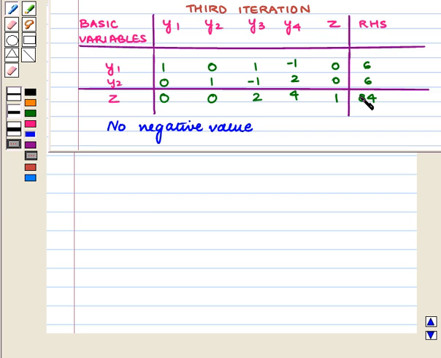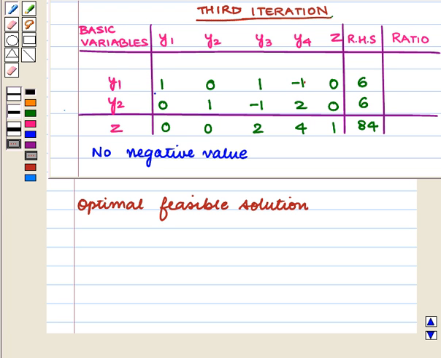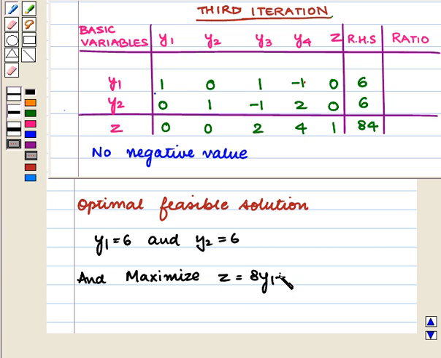So we get the solution. Our optimal feasible solution is given by y1 is equal to 6 and y2 is equal to 6, and the maximum z equal to 8y1 plus 6y2 is equal to 84.